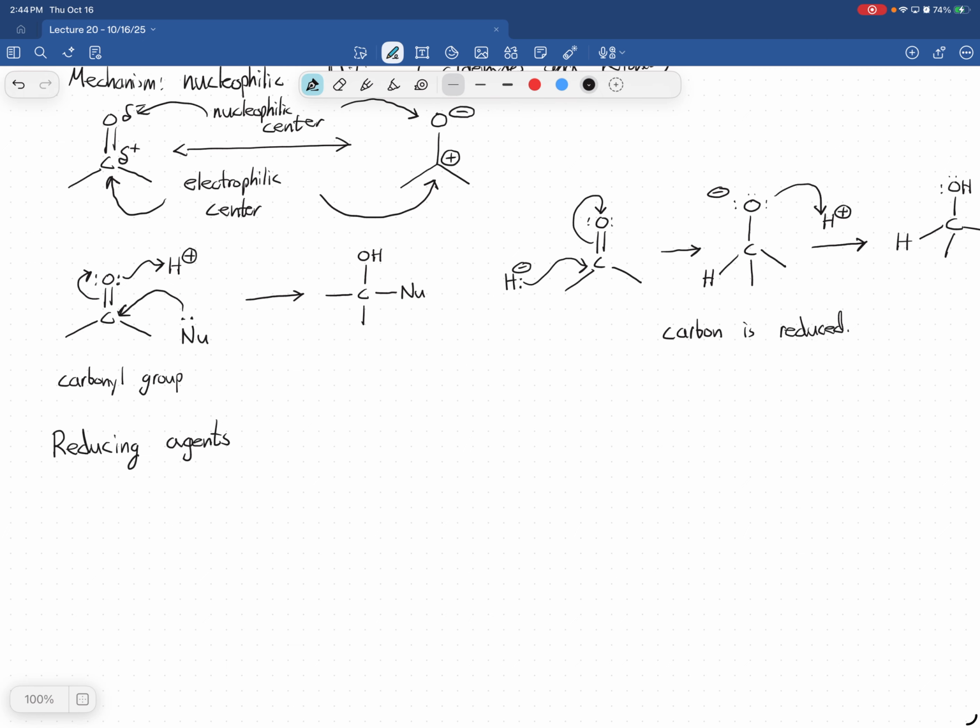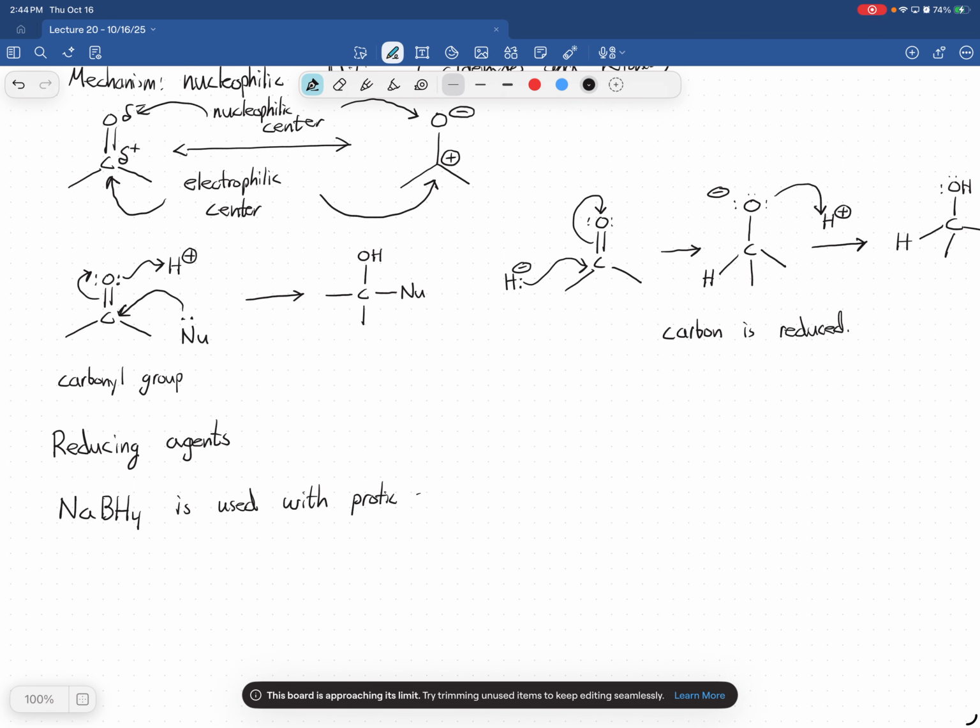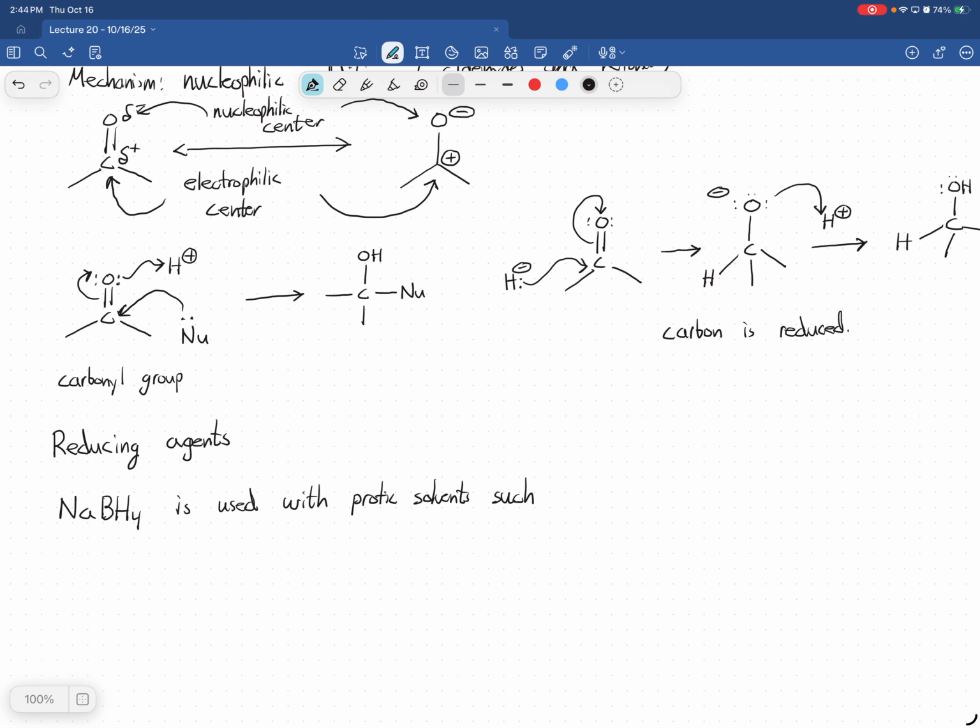All right. So we have sodium borohydride, NaBH4. Sodium borohydride is used commonly with methanol, so with protic solvents such as alcohols.